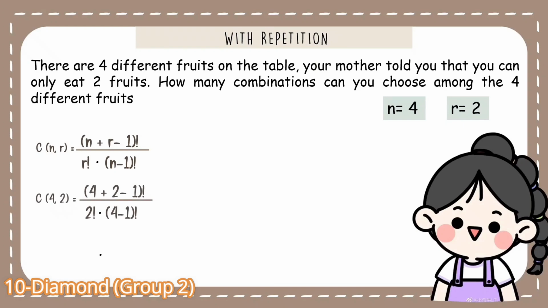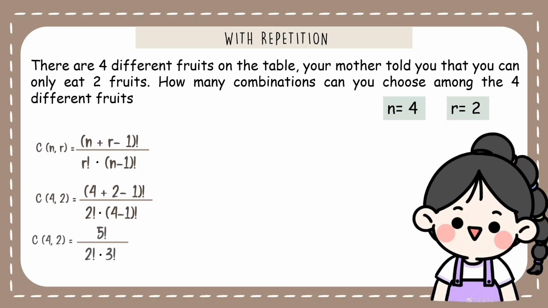We can now substitute the given values. So, we have a combination of 4, 2 is equal to the quantity 4 plus 2 minus 1 quantity factorial over 2 factorial quantity 4 minus 1 quantity factorial. We can now start computing inside the parentheses. We have 5 factorial over 2 factorial multiplied by 3 factorial.